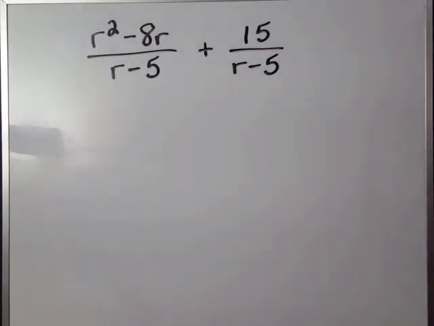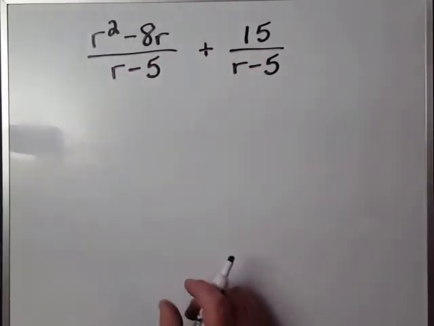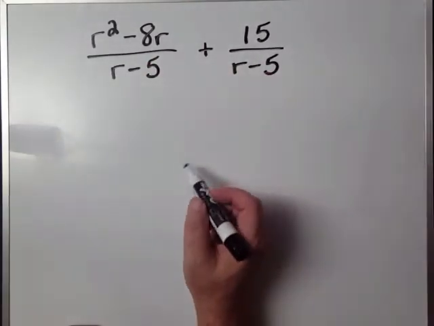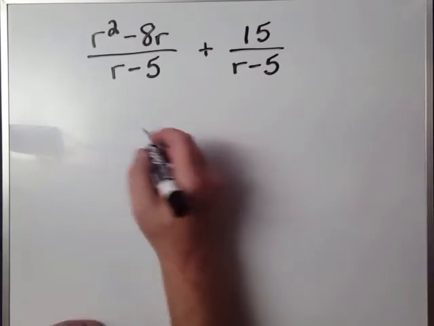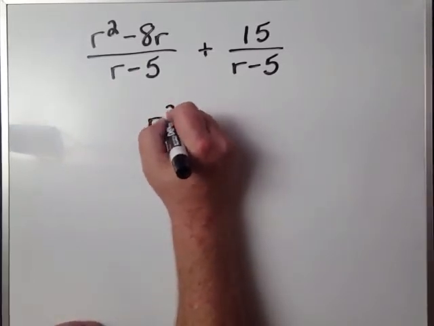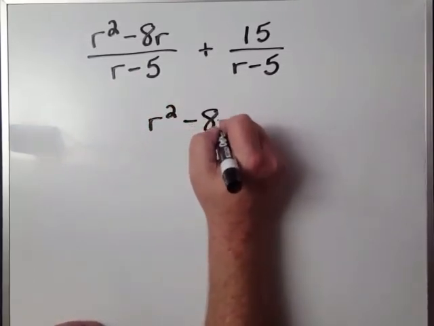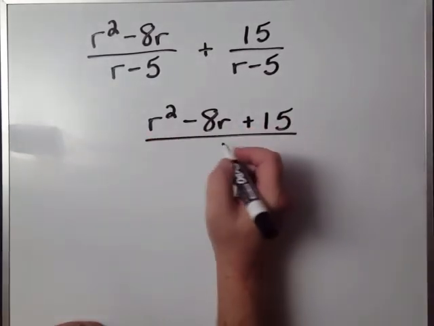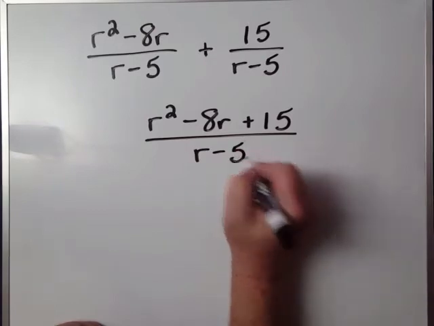Add these fractions, add these rational expressions. They already have a common denominator, so I'm ready to add the numerators. All of the terms in these numerators are unlike terms. So when I add these numerators together, I'm simply going to get r squared minus 8r plus that 15, all over this common denominator.